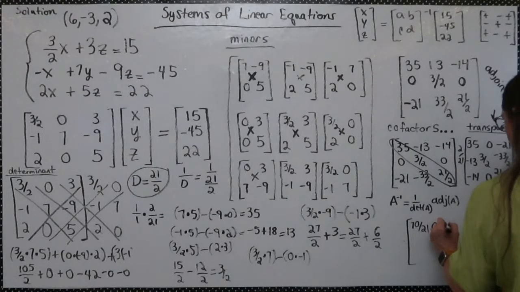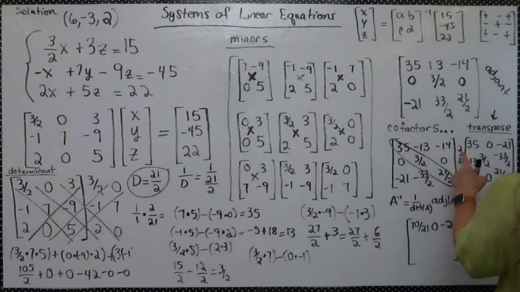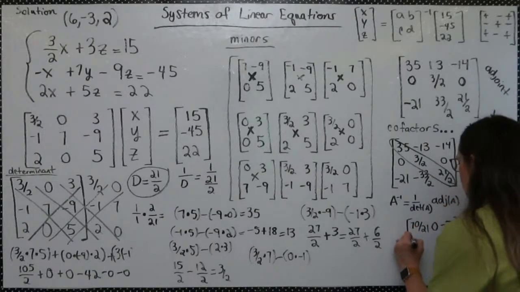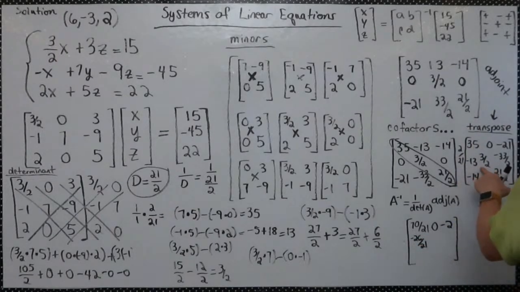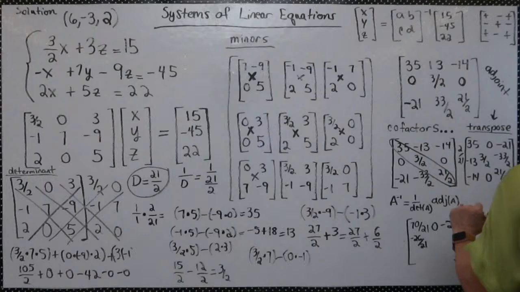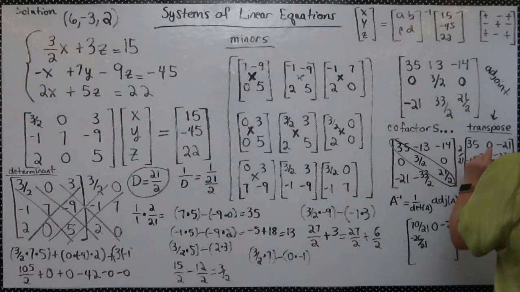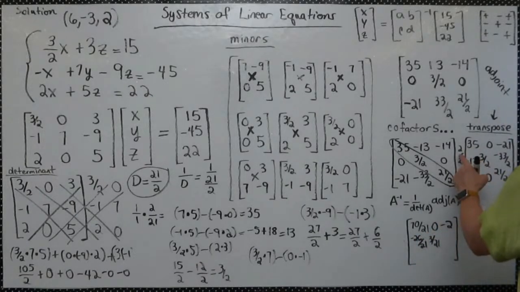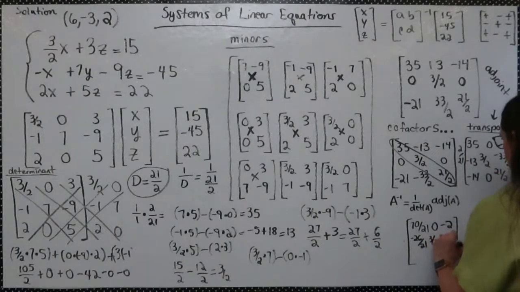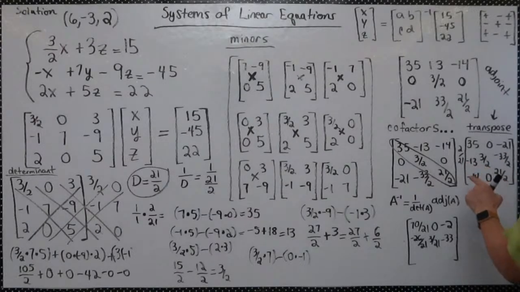So this is going to be negative 2. 2 times 13 is 26, so that's negative 26 over 21. 2 over 21 times 3 halves is going to end up 3 over 21. 2 over 21 times 33 halves is going to become negative 33 over 21. And then 2 times 14 is negative 28 over 21.